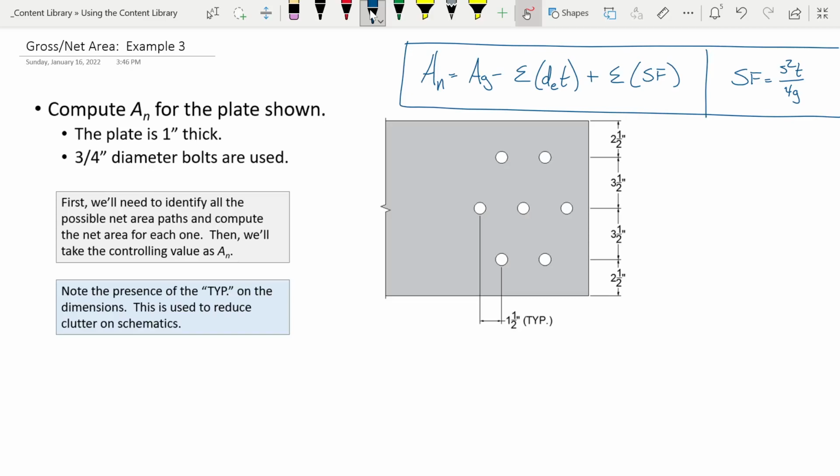So, is there anything that I can compute right now in this expression? Well, can I compute the gross area?